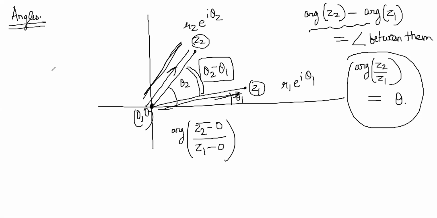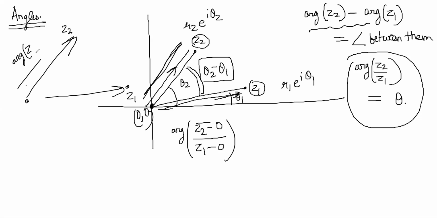So this vector's direction is the argument of Z2 minus 0, and this vector's direction is the argument of Z1 minus 0. Then the difference between them is the angle that we seek: the argument of Z2 minus 0 by Z1 minus 0.